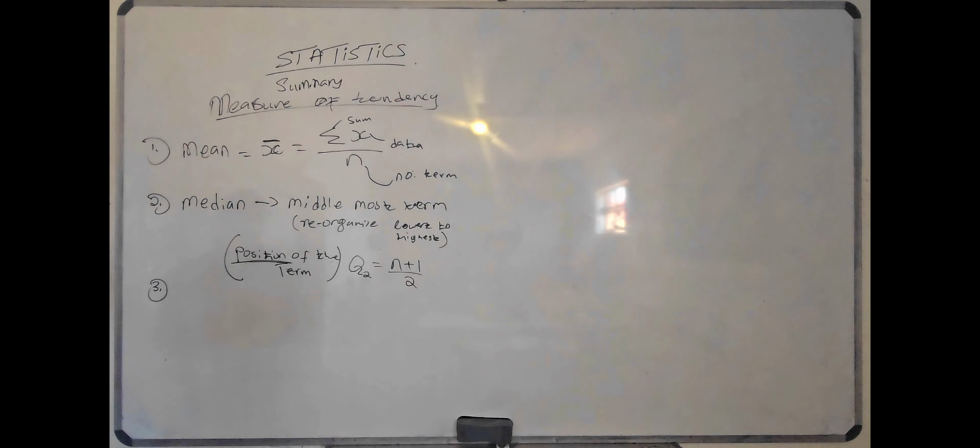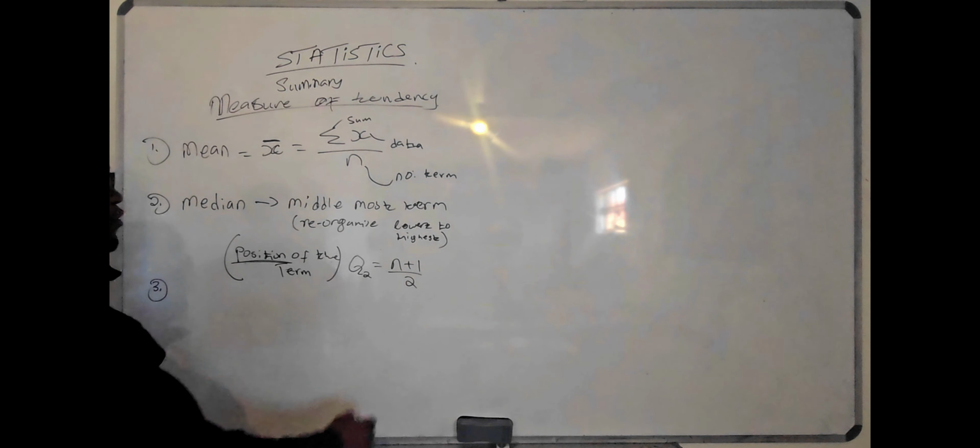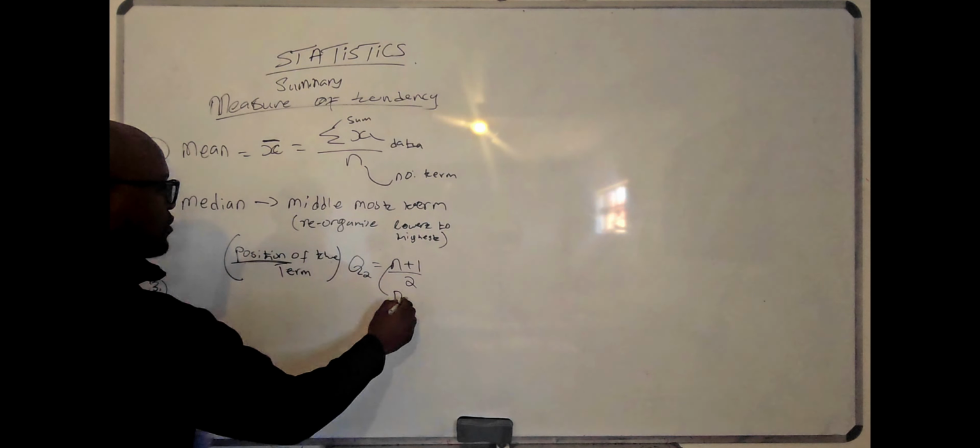We need to rearrange the data from the lowest to the highest. And then the position of the median is given by Q2, number of terms plus 1 divided by 2. n is the number of terms or number of data.